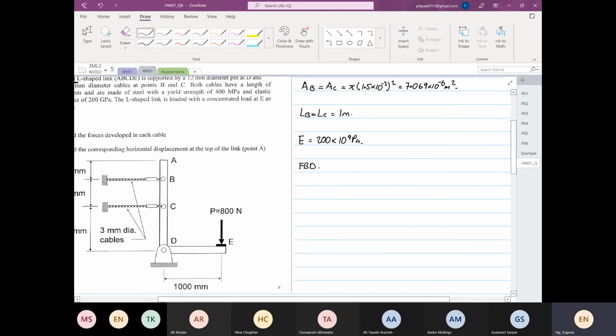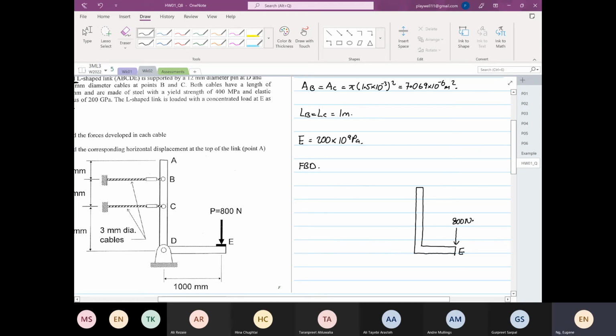The free body diagram is going to be a multi-body free body diagram. At point E, we know there's a force coming down at 800 Newton.